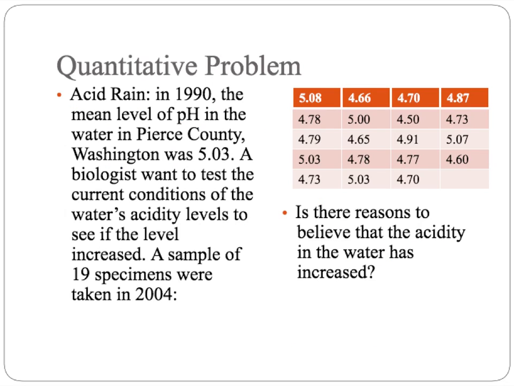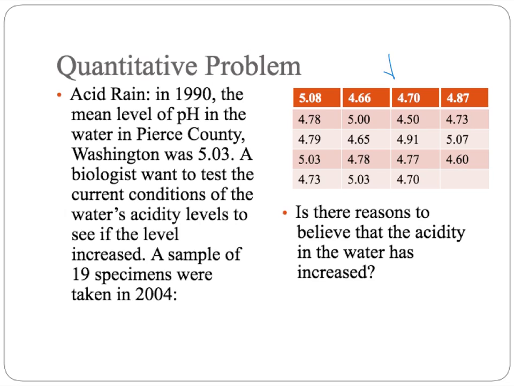So here's an example of a quantitative problem. In 1990, the mean level of pH in the acid rain water of Pierce County, Washington was 5.03. A biologist wants to test the current conditions of the water acidity levels to see if the level increased. A sample of 19 specimens was taken in 2004.